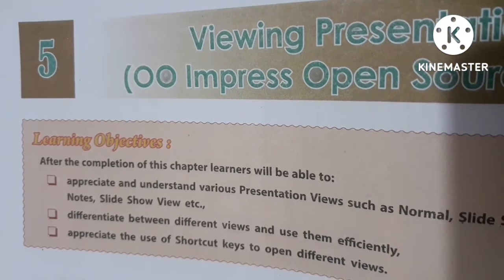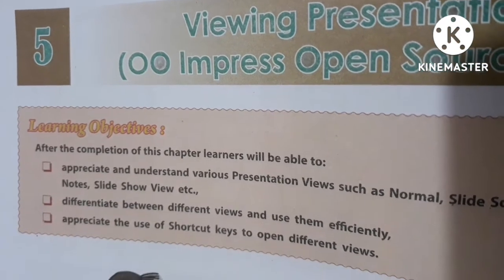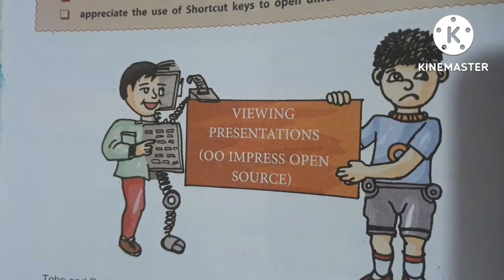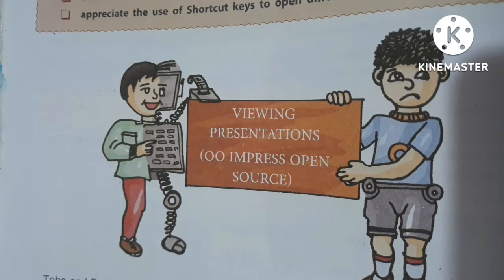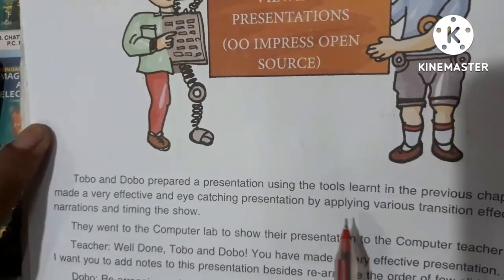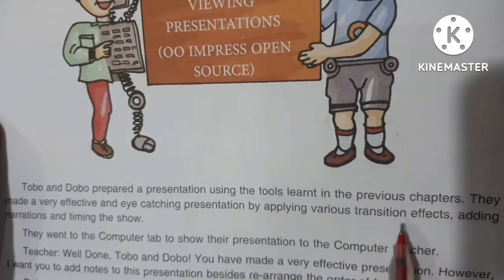Now, viewing presentations in Impress, open source. There is a conversation between Tobo and Dobo. Tobo and Dobo prepared a presentation using the tools in the previous chapters.